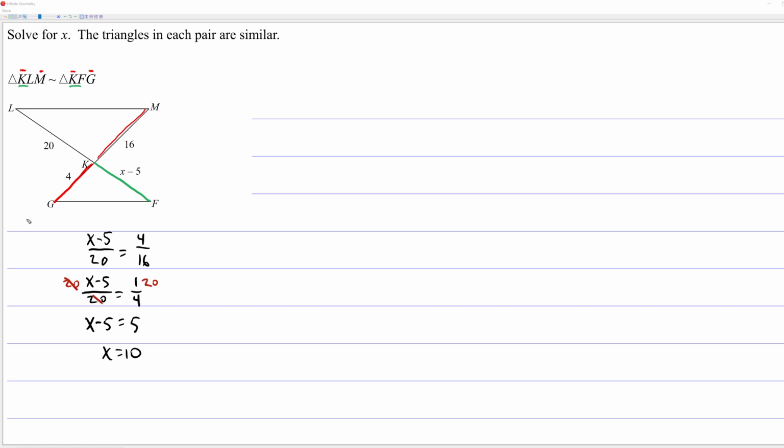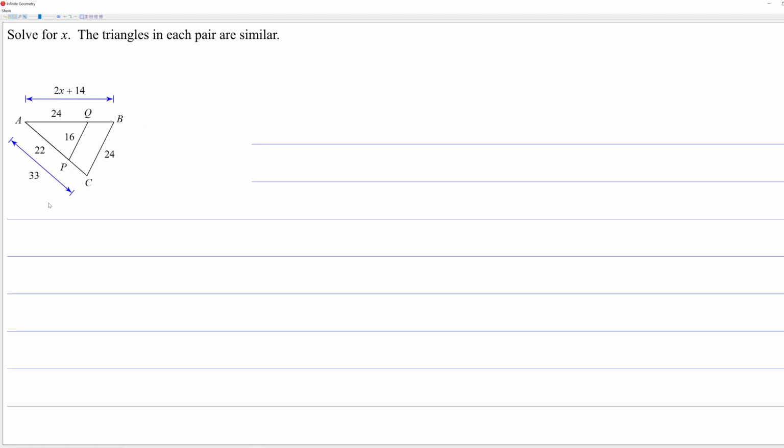So I think I have one more example where the diagram is a little bit more complicated. So here we go. This one isn't too bad. I made a video with a couple of triangles in it, kind of like this, and my hint now is the same as it was then. If you are ever unsure about what's going on here, draw the two triangles separately.